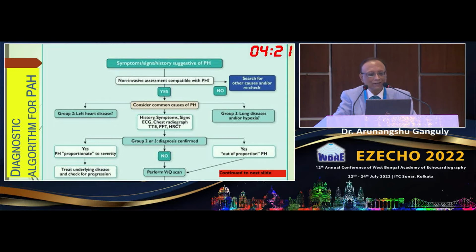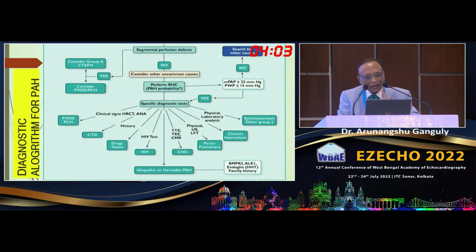You take ECG, chest X-ray, transthoracic echo, PFT, HRCT. Group 2 and 3 is confirmed. If PH is appropriate to severity, treat the underlying cause. If PH is out of proportion, then you have to do a ventilation perfusion scan. Now, ventilation perfusion scan, there are defects. You either go to group 4, that is CTEPH, or a pulmonary veno-occlusive disease.